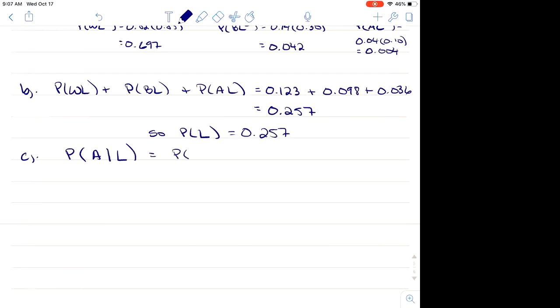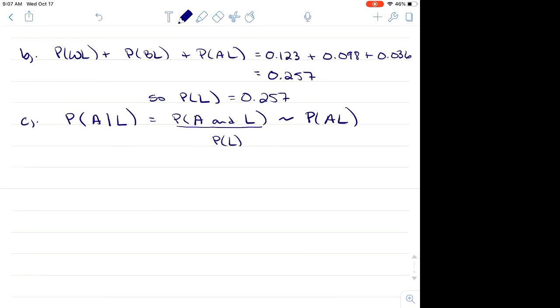That's the probability of A and L, or just the probability of AL as we've written it, divided by the probability of L. So it's going to be 0.036 divided by 0.257.